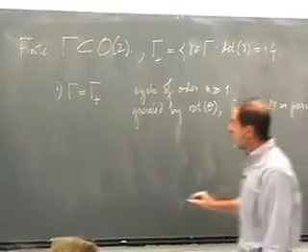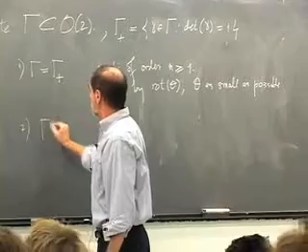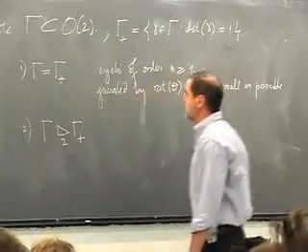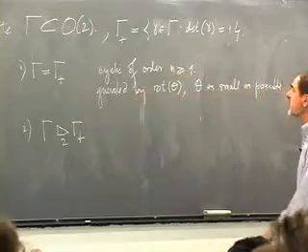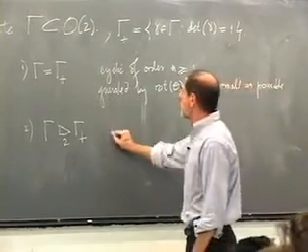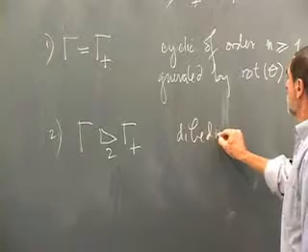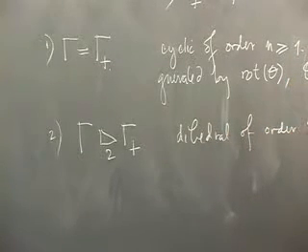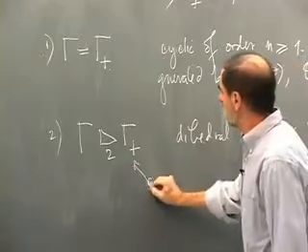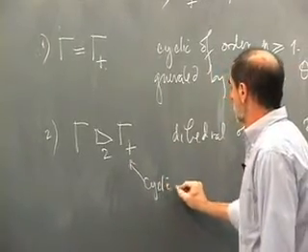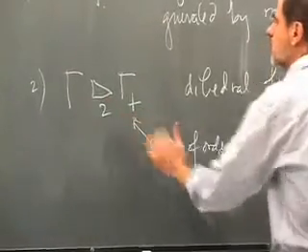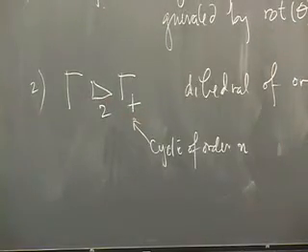And the second case was when gamma contained gamma plus with index 2. So there were elements in gamma of determinant -1, and those groups were dihedral of order 2n, so that this was cyclic of order n. And everything in the non-trivial coset had order 2 and was a reflection.